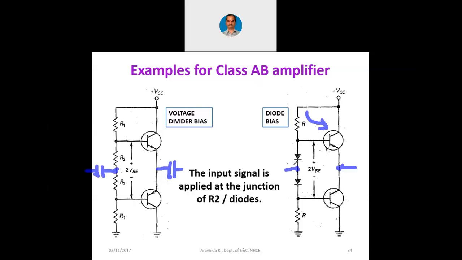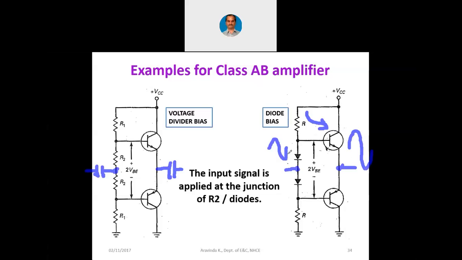Now you can see whenever there is a positive cycle here, this diode will be reverse biased. Because of the reverse biasing of this diode, this R will supply current to the base of the transistor, and NPN will turn on. When NPN turns on, gradually here also you can have a rise, because VCC is getting connected to the output now.